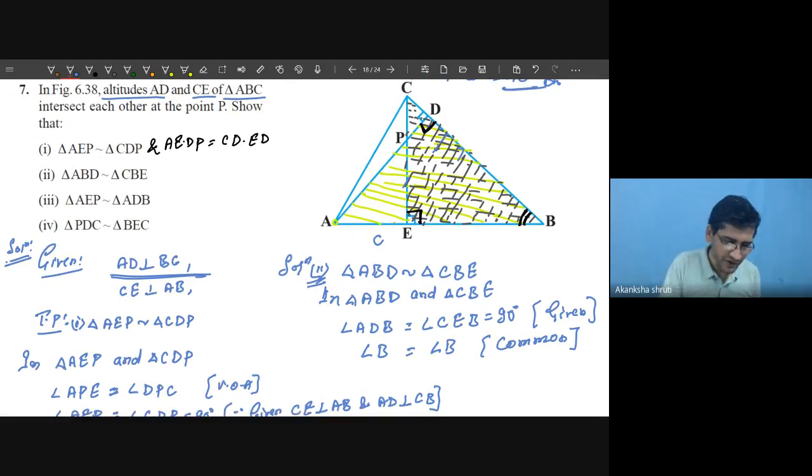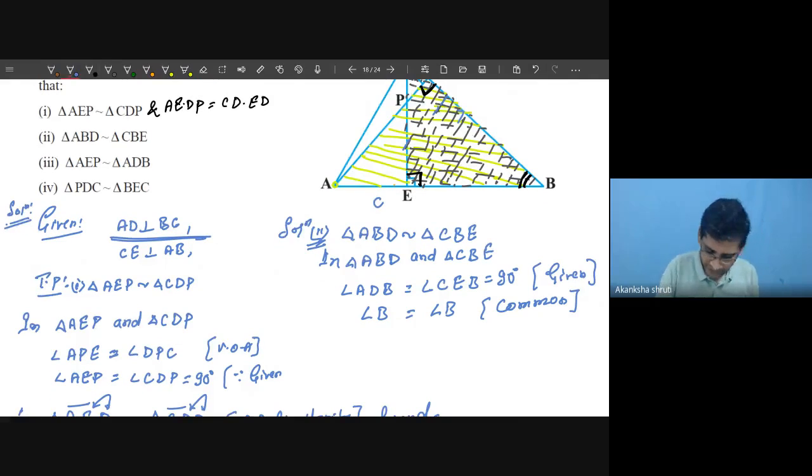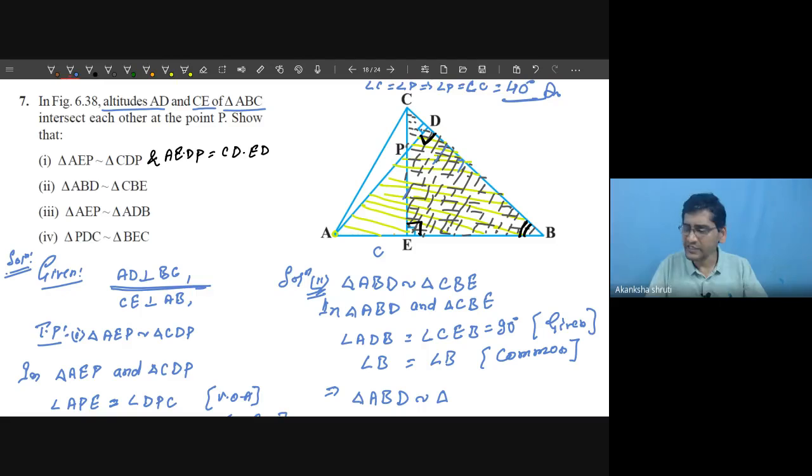So therefore, when the two angles are equal, then what can we do? It simply means the AA criterion is being followed, and we are free to write the similarity. So this implies triangle ABD is similar to, now corresponding to A, which one is in this black one?